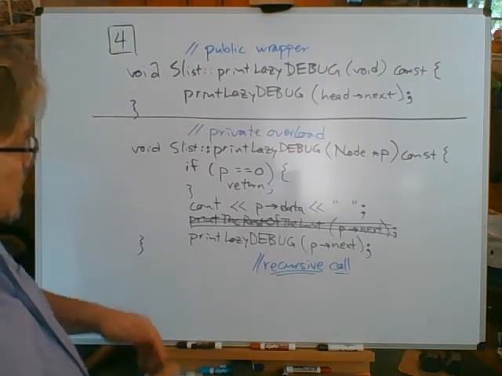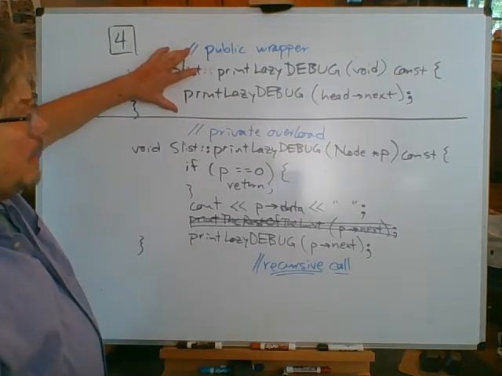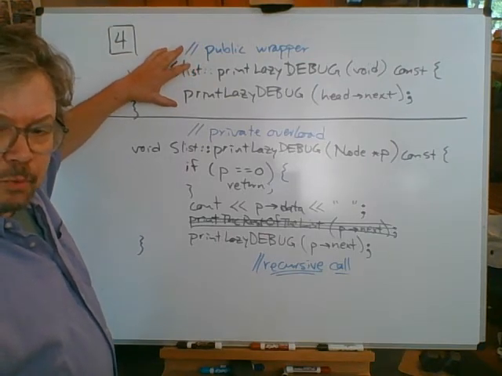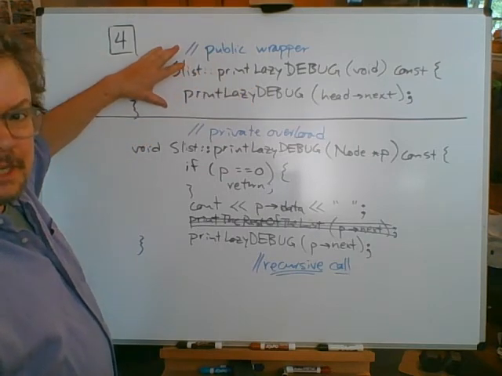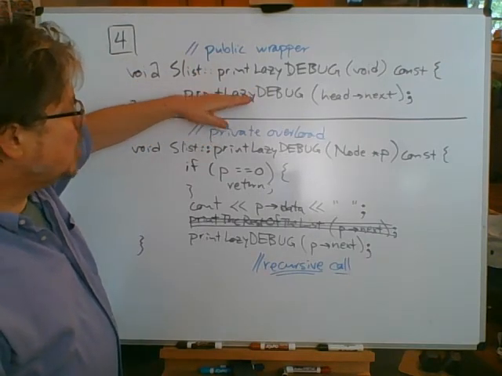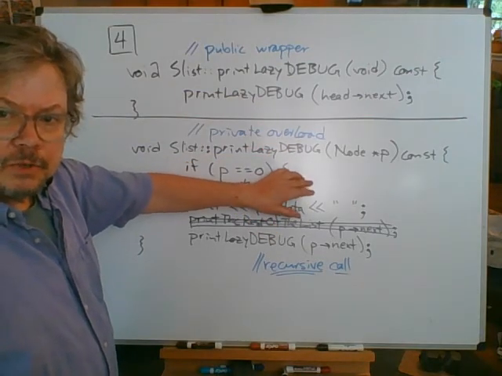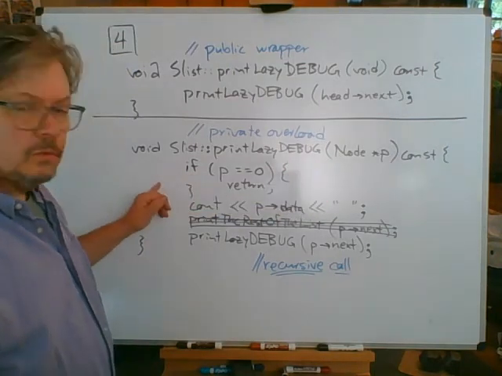Now, this is a mess right now, but it is important. I want to do a quick review. Public wrapper, this is visible outside the linked list class. That's the one that will be called. Instead of the old plain print debug, now we can call print lazy debug. It turns around and calls the private overload, the function behind the curtain, the one inside the linked list class that's actually doing the work.